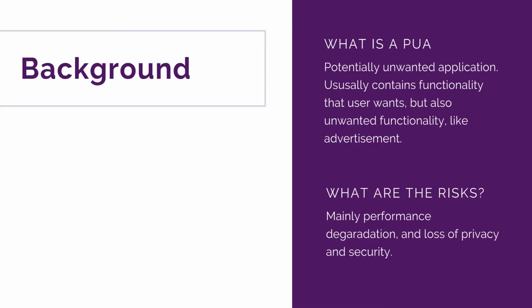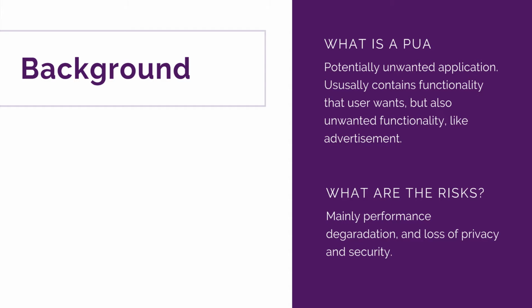Okay, so what is a PUA? A potentially unwanted application usually contains functionality that user wanted, for example, a web browser, but also unwanted functionality like advertisement.